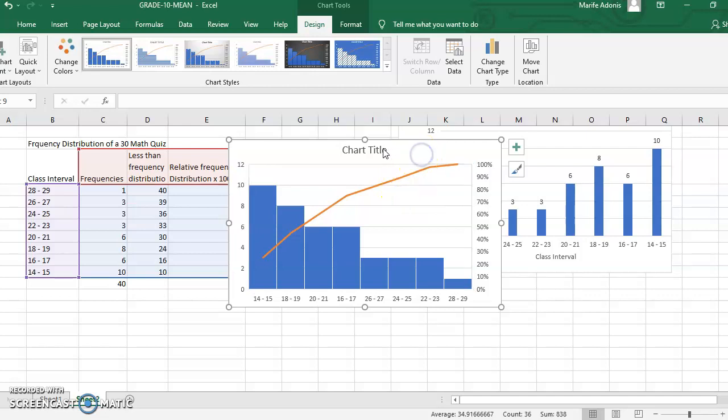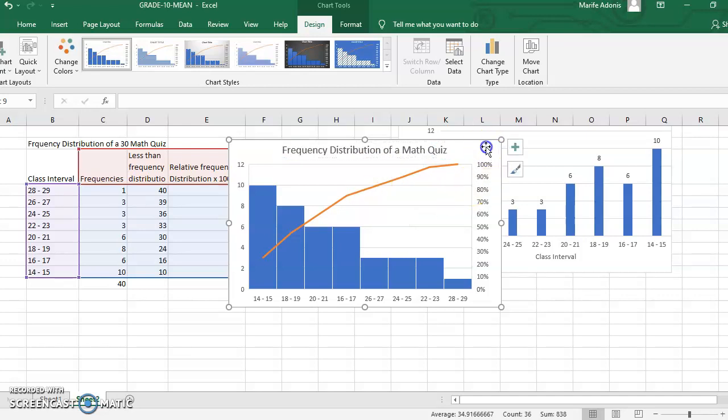So, ito, mapansin nyo, alright, so, anong title nito? So, we have here also already the frequency distribution of a 30 math quiz. Ayan.